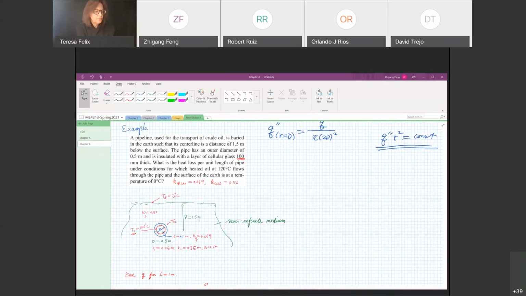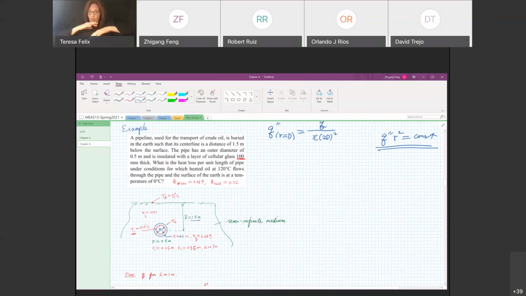So here is the example. We have a pipeline used for transport of crude oil and it is buried in the earth such that its center line is 1.5 meter below the surface.